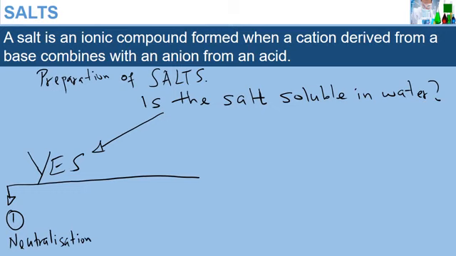This is the reaction between an acid and an alkali, and you have to use an indicator. Method number 2 is the reaction between a basic oxide and an appropriate acid.